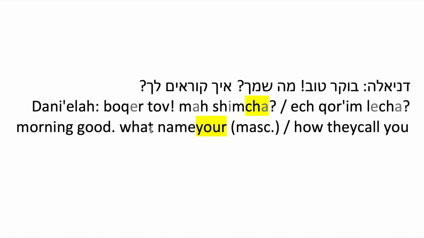And as you can see here, the "cha" ending in lecha is the same as the one in shimcha. Shim or shem means name, and shimcha means your name, masculine. And lecha means you, in the sense of "they call you," or "I see you," and other object pronouns, for example.